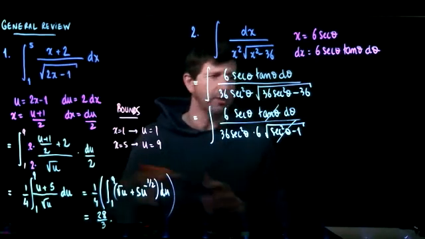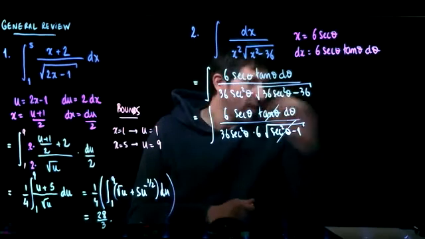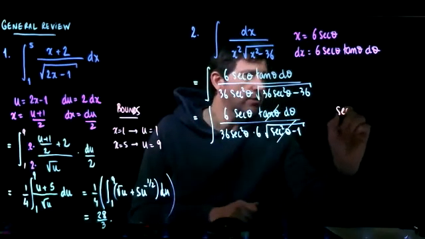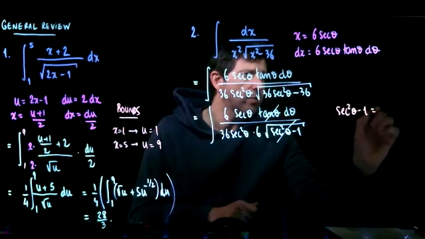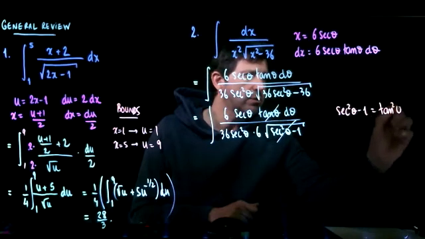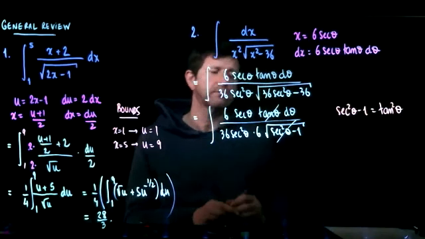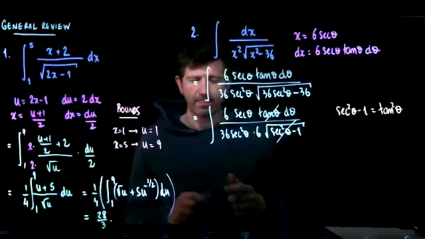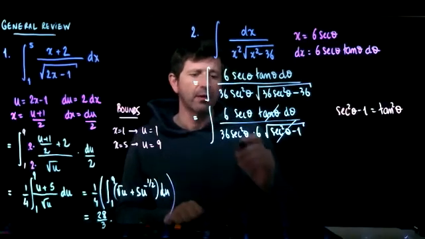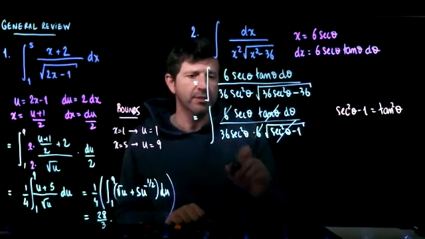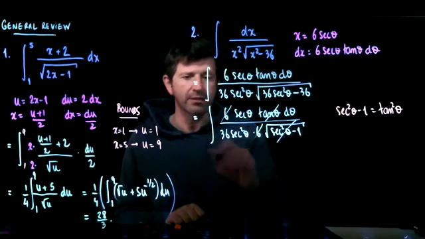Okay, so I'll write it on the side: secant squared theta minus 1 is equal to tangent squared theta. Okay, let's cross out a 6, and we can cross out also a secant.